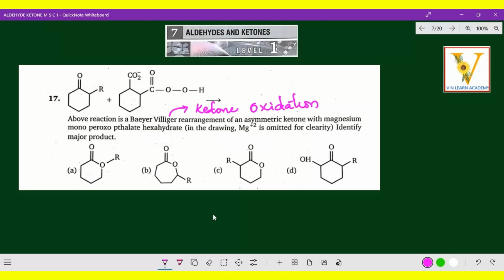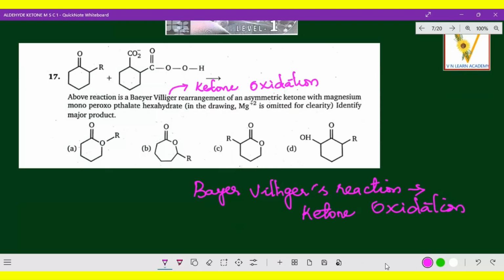So the Baeyer-Villiger reaction, see, with concept it will be easy to remember. Baeyer-Villiger rearrangement or reaction is used for the ketone oxidation process. Repeatedly, if I say it, it will be easy for you to remember.